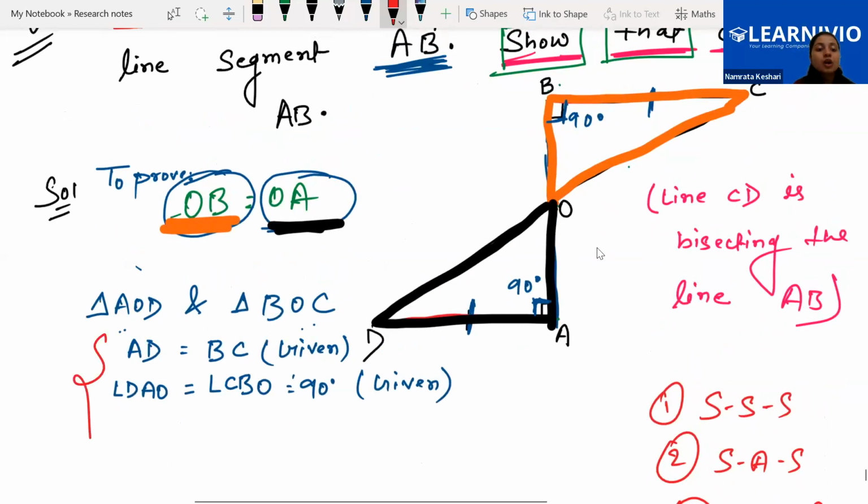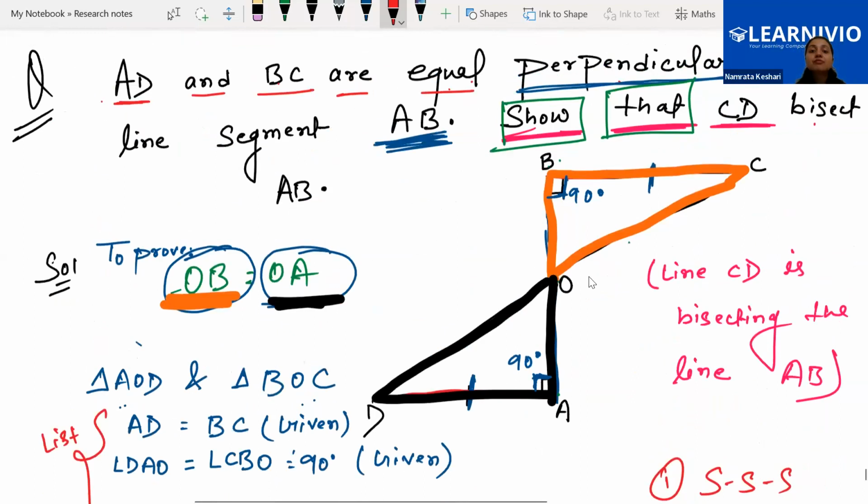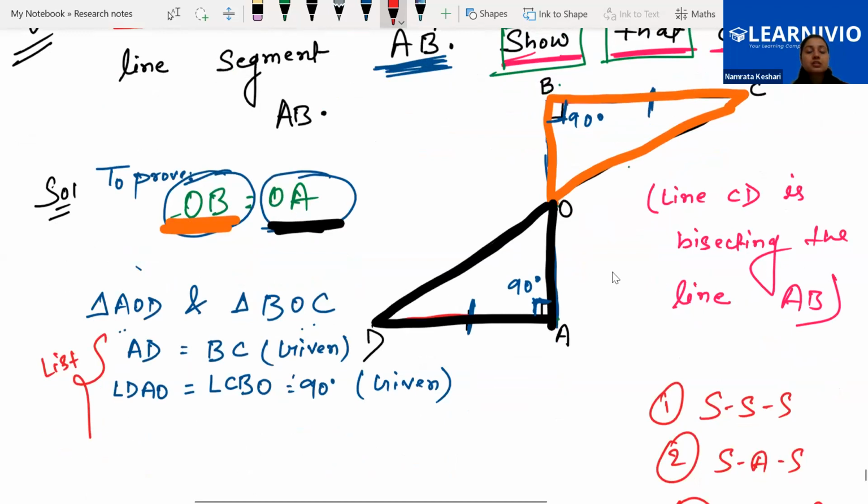So what is the third information? In our list, already 2 pieces of information we have listed over here. The third information, which we have to analyze, is not given in the question. We have to find the third information. If you focus on the figure, check carefully. What are you getting?